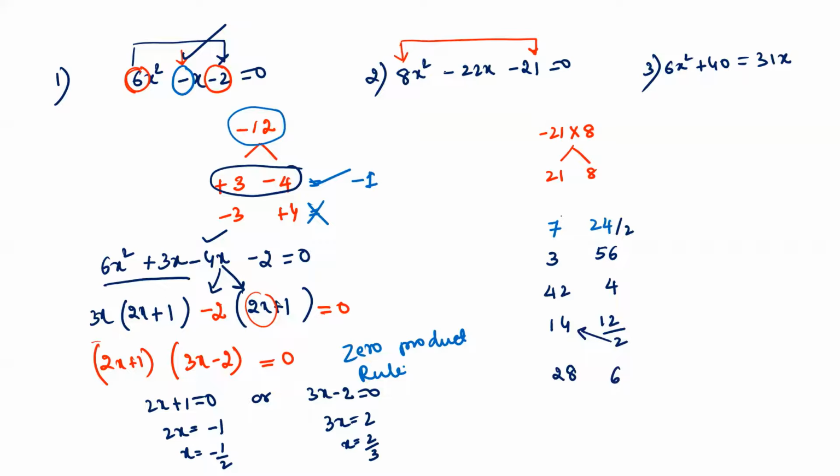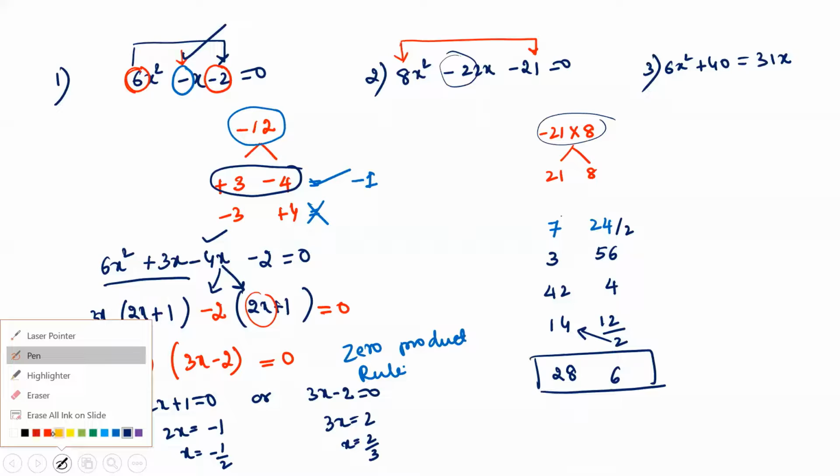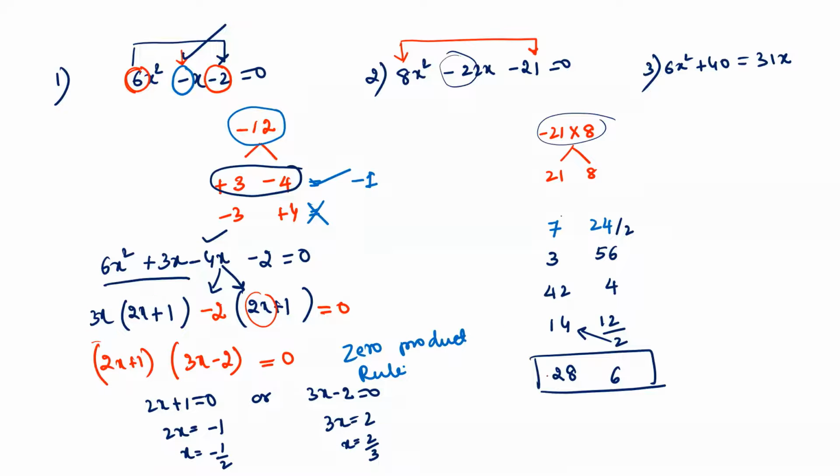Yes, ma'am. But tell me the sign, Krishna. I want minus 22, because the product has to be negative. One of them should be negative. Which should be negative? Ma'am, minus 28 plus 6. Very good. So these factors you should take for splitting the middle term. Got it?